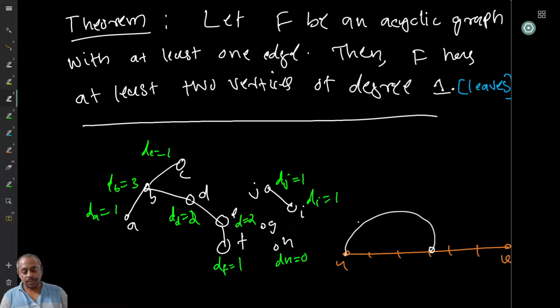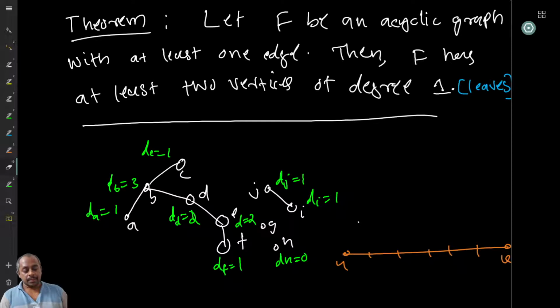So this is also not possible, which says that the vertex u must have degree exactly equal to 1. Now the same argument holds for v, so u and v must be vertices of degree equal to 1. This is true for any maximal path, so therefore we can show that any non-trivial forest contains at least two vertices of degree exactly equal to 1.